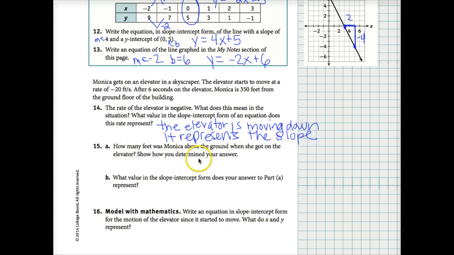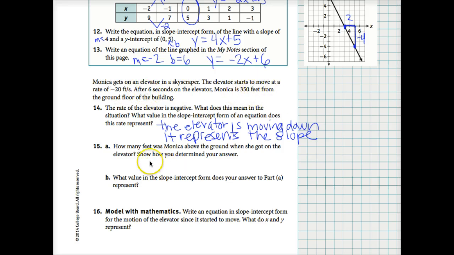15A, how many feet was Monica above the ground when she got on the elevator? Show how you determined your answer. So we know that the elevator is moving at a rate of negative 20 feet per second, and that after 6 seconds, she's 350 feet from the ground floor.